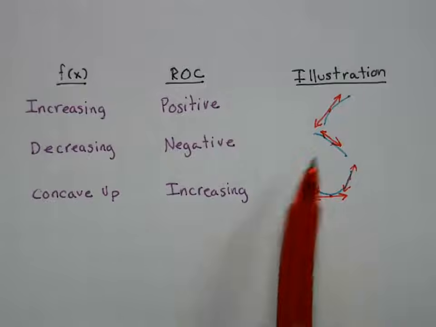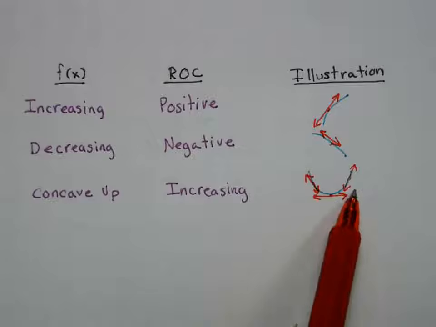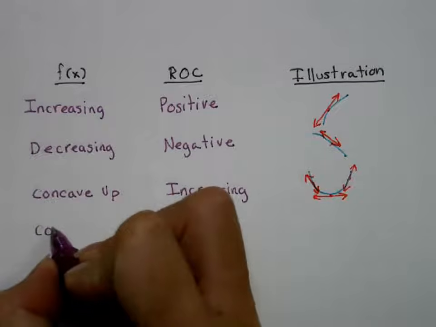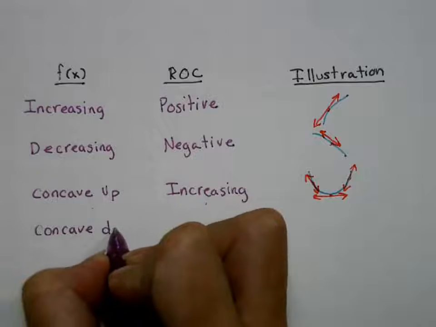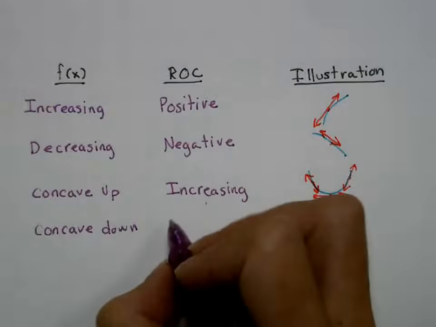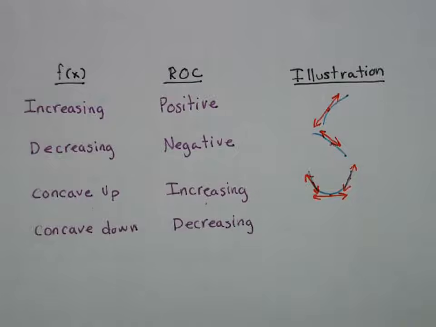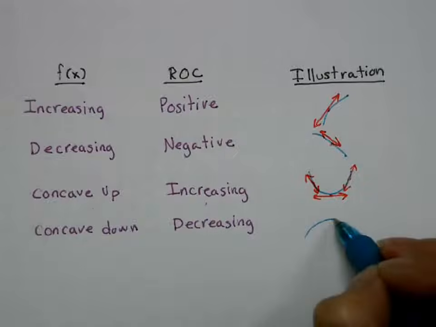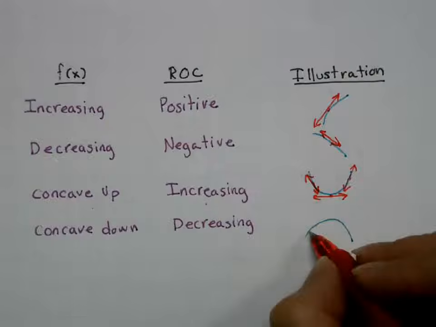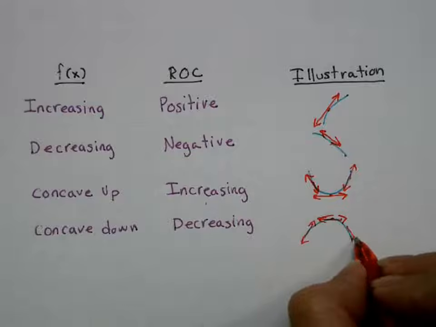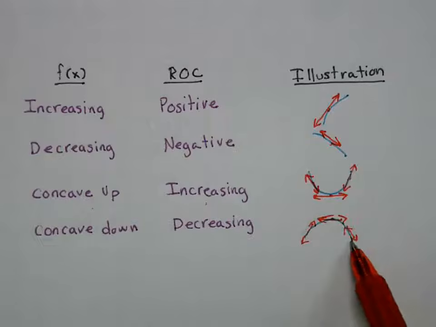But if the slopes are getting bigger, so we're going from negative to 0 to positive, the rates of change are increasing, and we have a concave up graph. If it's concave down, the rate of change is decreasing. So concave down, this slope is bigger than this slope is bigger than this slope. So the slopes are getting smaller, they are decreasing.